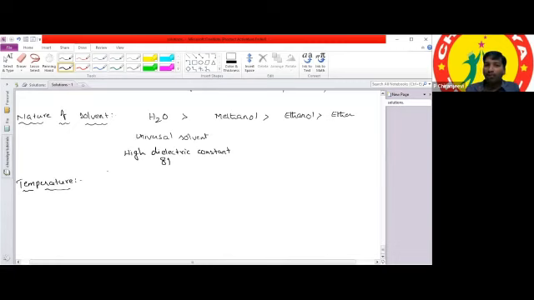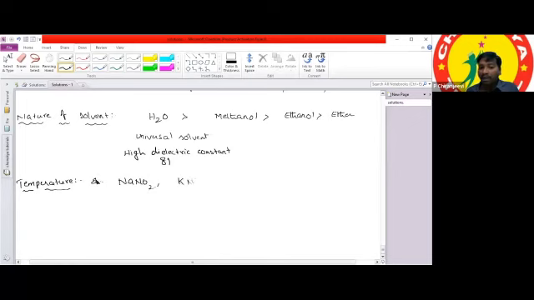Most salts are highly soluble at normal temperature. For some salts, solubility increases as the temperature increases. Which kind of salts? For example, sodium nitrate. What is the molecular formula of sodium nitrate? NaNO3.